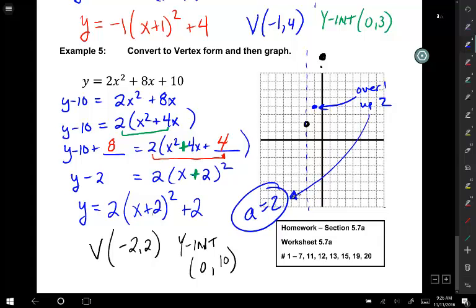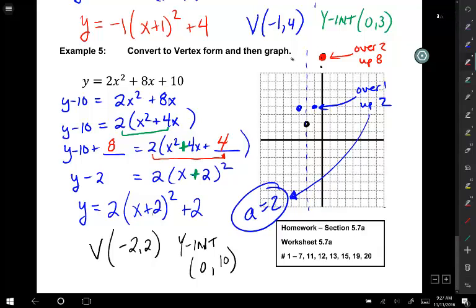Whatever the A value is, we multiply it. Over 1, up 2. To get the next point, I normally would go over 2, up 4. Over 2, up 8. Exactly, Sarah. Over 2, up 8. So I'm going to put a little note to there. Over 2, up 8. And once again, the reason it's up 8 is that normal up 4 multiplied by 2.